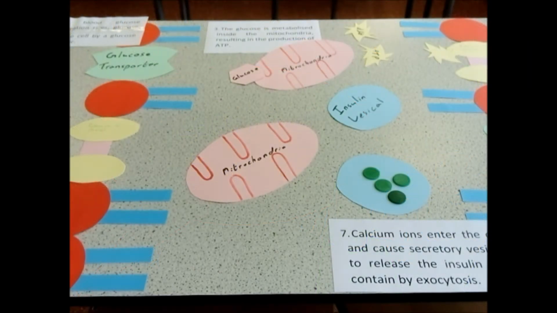So, first thing that happens, before a cell inside of the pancreas can release insulin, a nerve impulse or something needs to happen to it that causes a change. At normal blood glucose concentration levels, potassium ion channels in the plasma membrane of the beta cells are open and potassium ions can diffuse in and out of the cell.